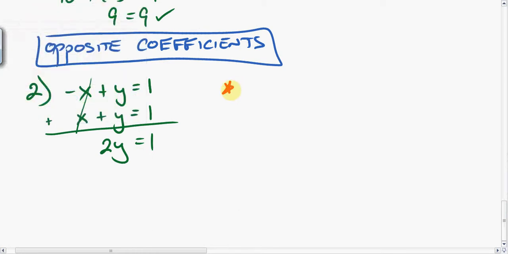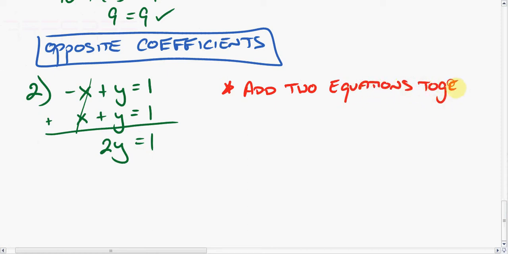So our rule here is you're going to add the two equations together when the coefficients are opposites.